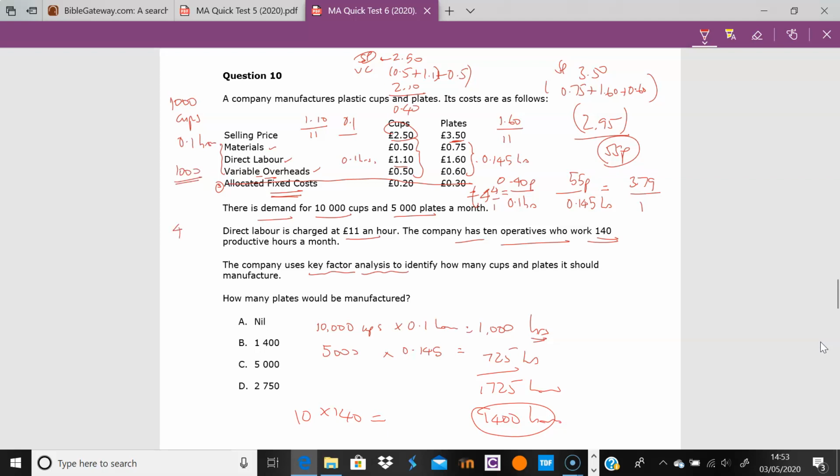I will have 400 hours left to make my plates, and it takes me 0.145 hours to make one plate. So how many plates can I make? That would be 400 divided by 0.145, which is approximately 2,750 plates.